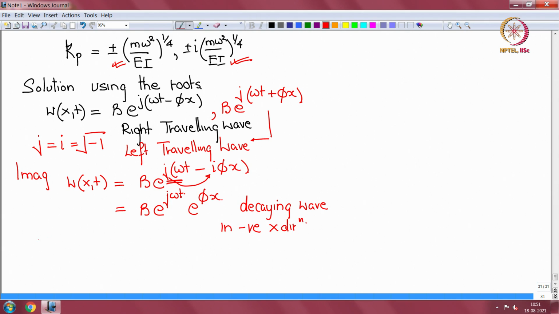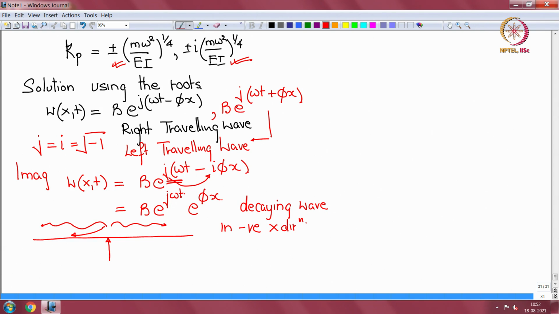So, I have this 1D plate over here, suppose I excite it over here, then I will get a positive propagating wave, I will get a negative propagating wave that we have seen above. In addition, I will get a decaying wave on the left hand side.